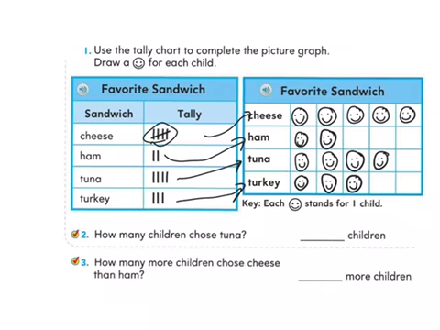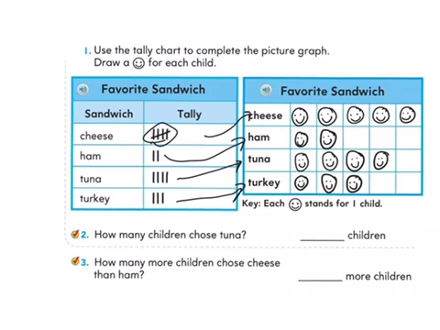We took this information and made a picture graph with it. Both of these are giving us the same information. They're just different types of graphs or charts. We can get the same data from both of them. So our first question on here is, how many children chose tuna?